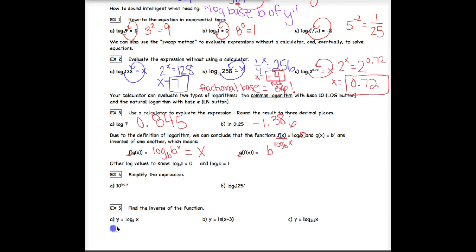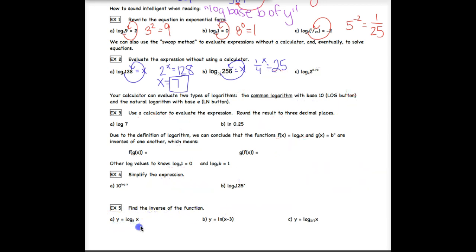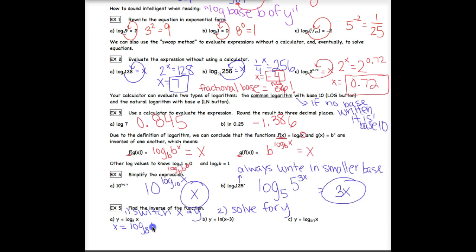So here I'm going to switch x and y. x equals log base 8 of y. Now, here because I have a logarithm, the way that I'm going to solve this for y is to undo the log, which means I need to do my swoop. So start with the base, which is 8, and here I'm swooping to the left, pick up the exponent, so 8 to the x equals y. And that's it.